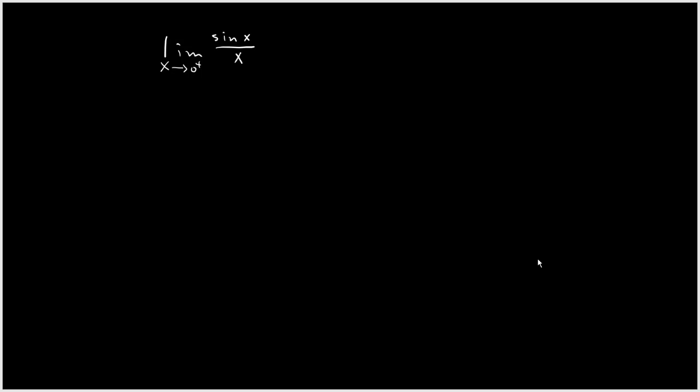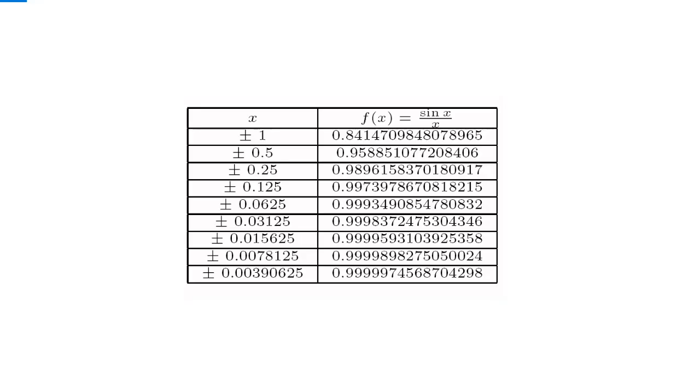And then we are going to identify the limit of sine of x over x as x approaches 0 from the left. And then we are going to identify the limit of the function as x approaches 0. We just use one handy table. I'm not even asking you to evaluate the thing. I'm using a handy table.